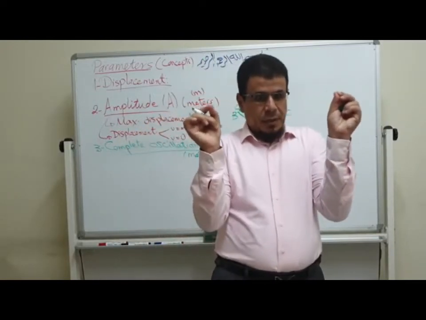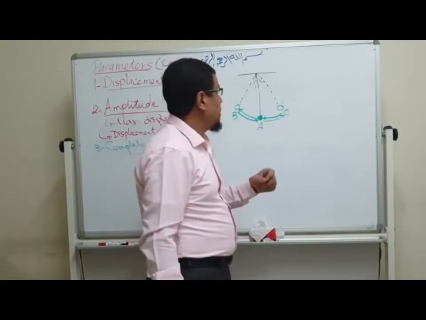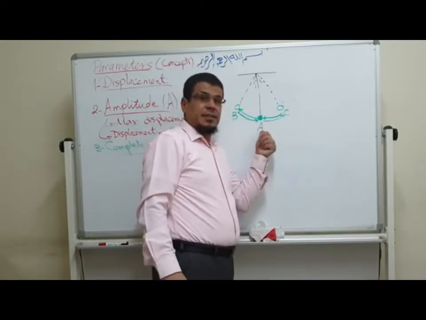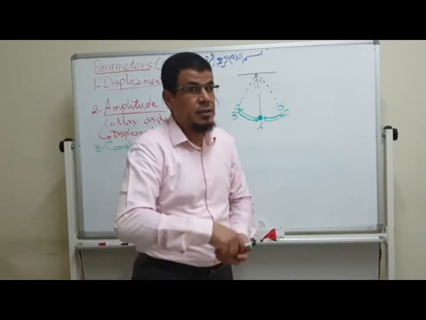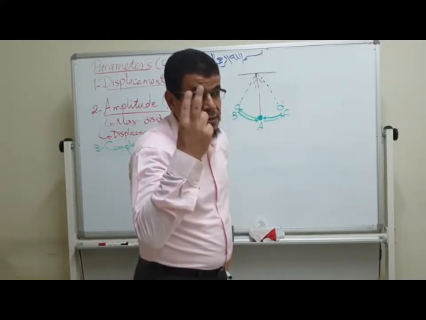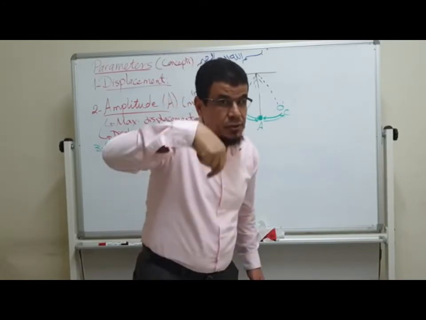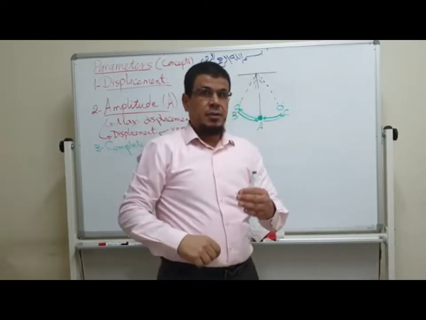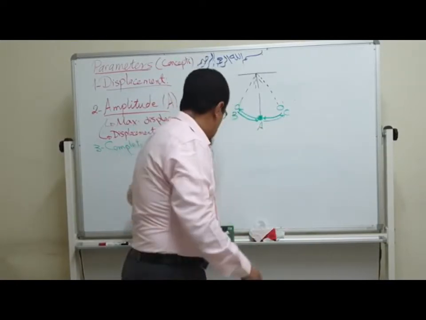What is this time? It is the time between passing a certain point twice, or two successive times, in the same direction.